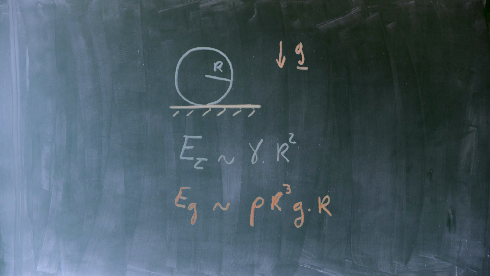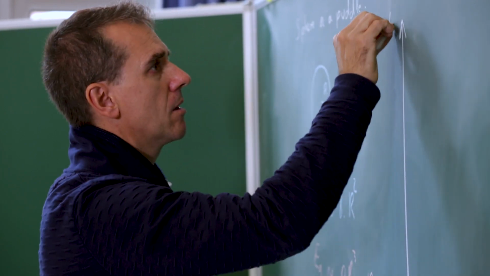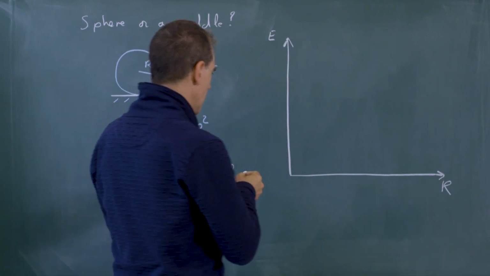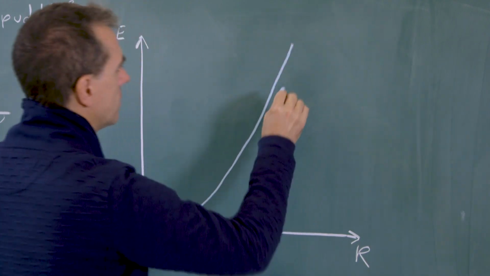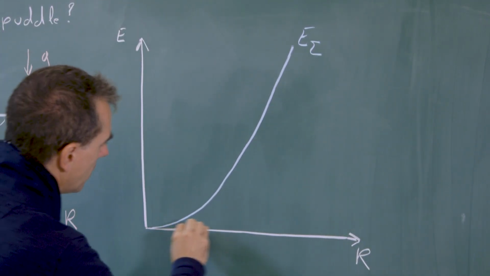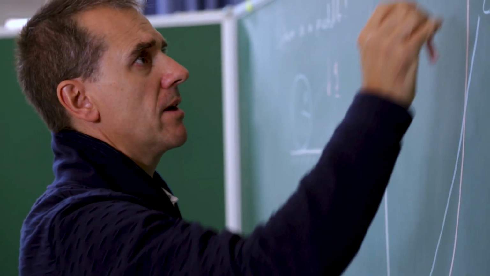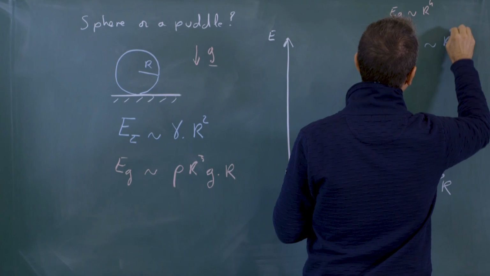And so what you see here is that one type of energy goes like R squared, whereas the other one goes like R to the 4. So if we now look at the evolution of these energies as a function of the drop radius, you're going to find a quadratic evolution for E sigma, whereas Eg is going to evolve like R to the 4, whereas this one goes like R to the 2.